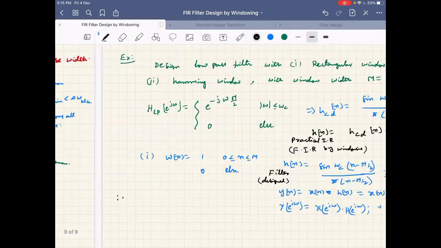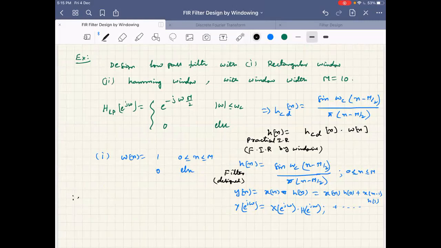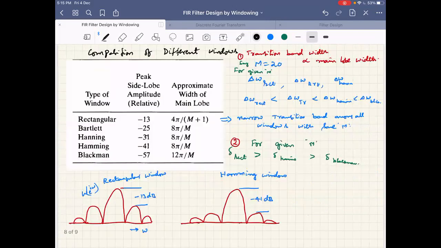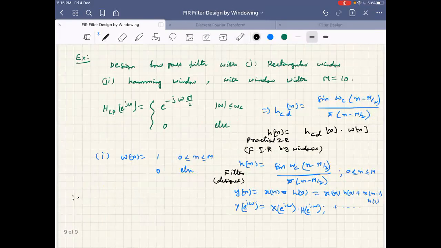Otherwise, usually the length of the window is given. So in the definition of the problem, we will have either the length of the window given or the attenuations given for identifying the kind of window type, and then based on this we use the expression, that is the multiplication of the window function and the desired impulse response, to design the filter impulse response. Thank you.